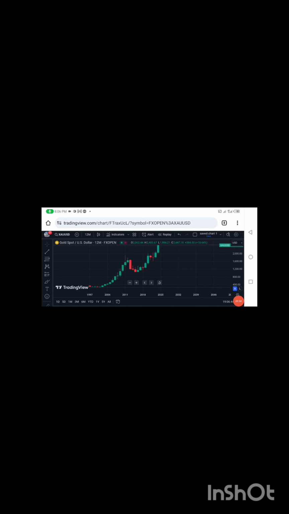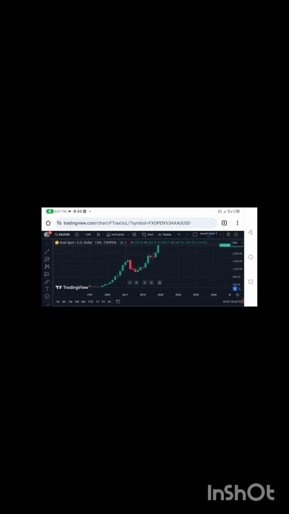Right now I have actually switched to the website version of TradingView, because the TradingView app wasn't showing the yearly time frame accurately. It was actually showing the wrong time frame. With a desktop or laptop, you can have access to this time frame. So I'm on the yearly time frame, which is the 12 months time frame.